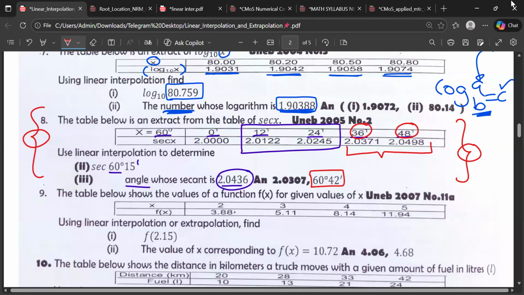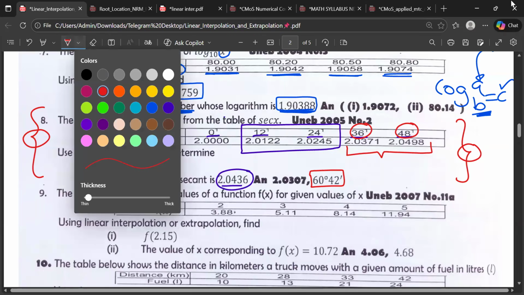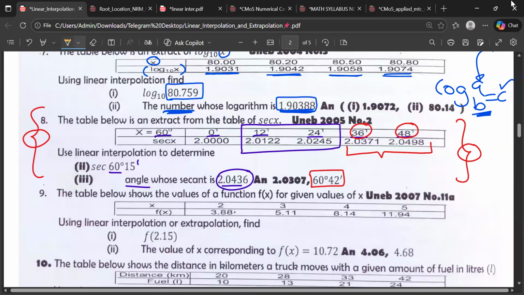But someone may ask, what if I don't want to convert these into degrees? Let me show you what comes out if you don't convert. This is only for those who are scared of converting.